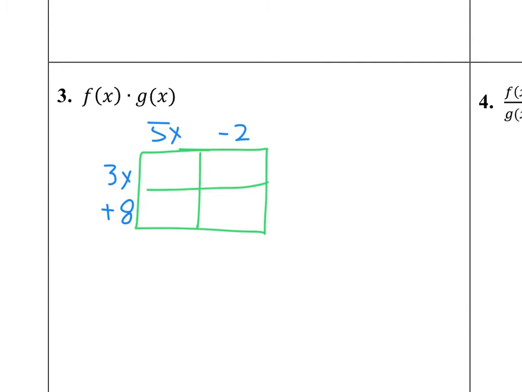So make sure we multiply. And when you have x times x, that's going to be an x squared. And then multiply the numbers. Your like terms should be here. Okay, and remember, this is going to have an x value here. And simplify.